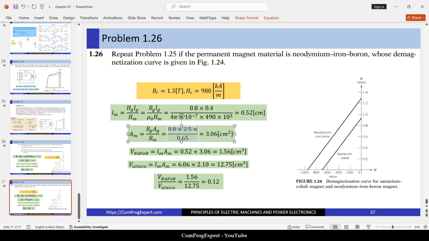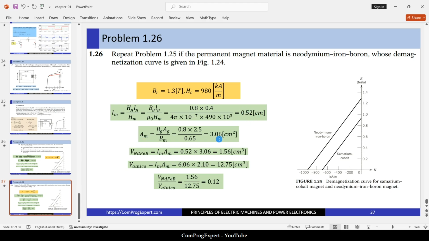Again, let me delete this. This is in centimeter. Okay. So we will have these two numbers for NdFeB material, permanent magnet. The length of the magnet is 0.52.